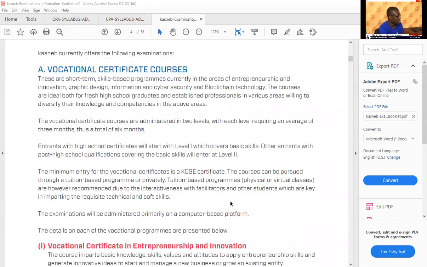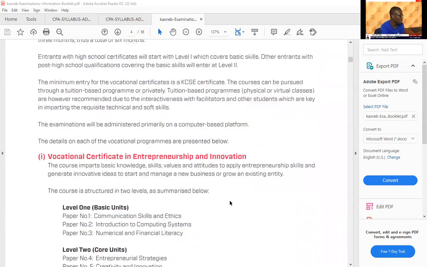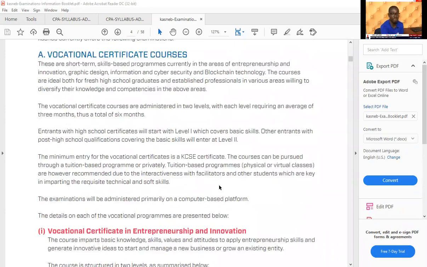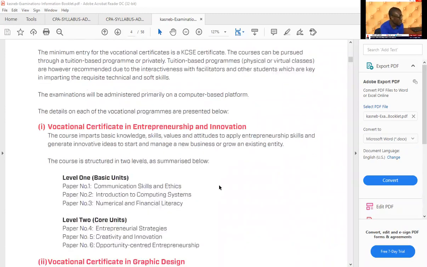On vocational certificate courses, it wasn't there, it has just been brought in on this new syllabus. We'll be having a vocational certificate in entrepreneurship and innovation. That is very important, because it will not be like all of us just being taught, or rather passing through this training for us to apply for some jobs here and there.